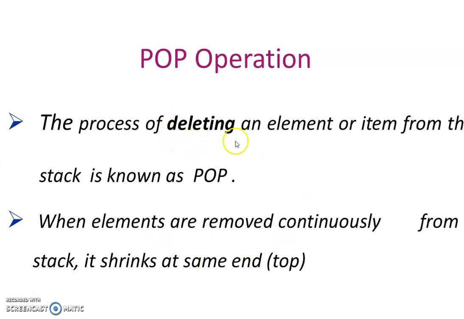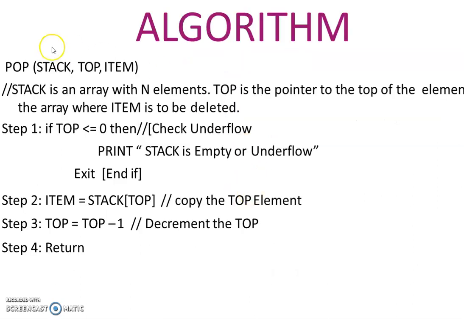And if we want to delete an element or item from the stack, this is known as pop, and it is made from the top of the stack. Here the algorithm pop has stack, top and item as its input parameters. Since we are going to delete, we are not concerned about the maximum value that will be reached.